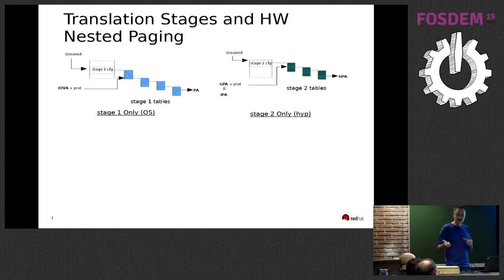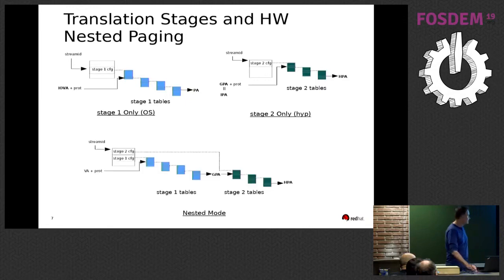The translation process is different for a stage one and a stage two. You have a different configuration structure for each. So it's a choice when you implement at hardware level to choose either a stage one or a stage two implementation. Okay, and some hardware implement what we call the hardware nested page mode, which consists in chaining those two translation processes.